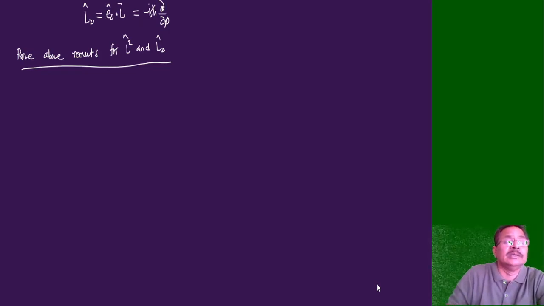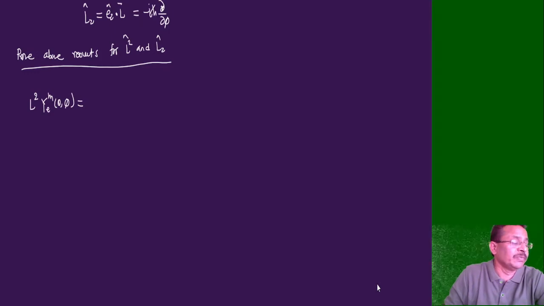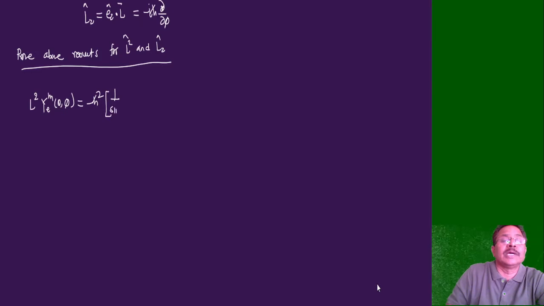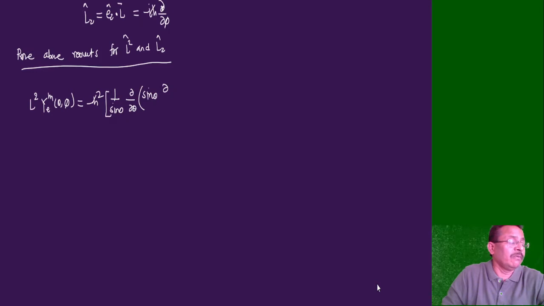So let's operate this L square on Y_lm of theta, phi. That gives you minus h cross square times the entire thing: 1 upon sine theta into delta upon delta theta, I am just writing this L square in the bracket, of sine theta into delta of Y_lm of theta, phi divided by delta theta.